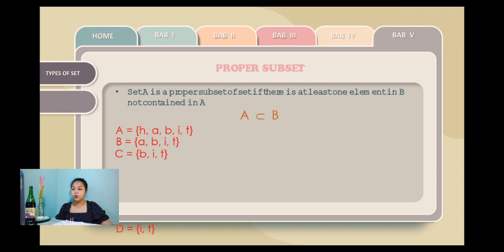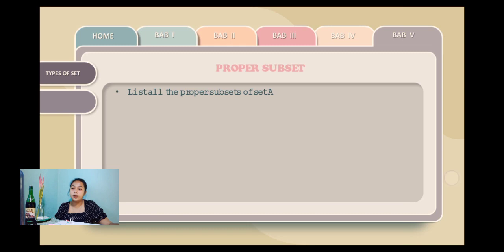C is equal to BIT. So, it keeps getting smaller. And D is equal to I and T. So, B is a proper subset of A, C is a proper subset of A, and D is a proper subset of A. So, list all the proper subsets of set A.